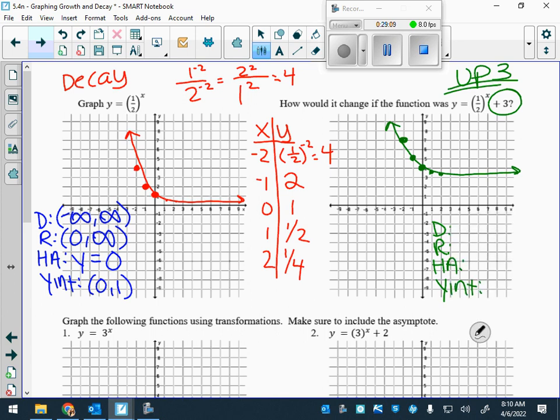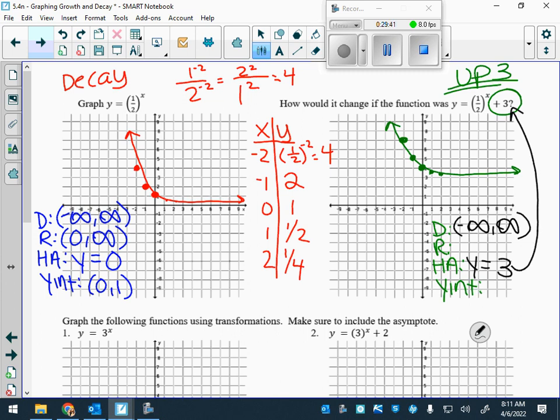Okay. What is our domain? Yep, -infinity to a positive infinity. Now, what changed? You'll get it. Horizontal asymptote, yes, has changed to what? 3. So your horizontal asymptote is y equals 3.